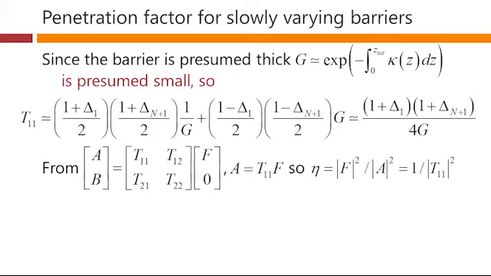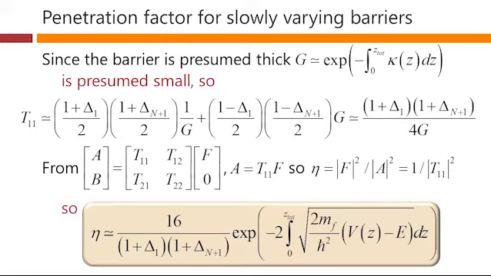And so the transmission, which we can now think of as mod f squared over mod a squared, because we chose the incident and exiting layers to be of the same potential, will just be 1 over the modulus squared of T11.